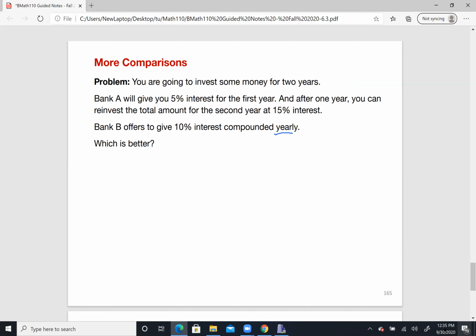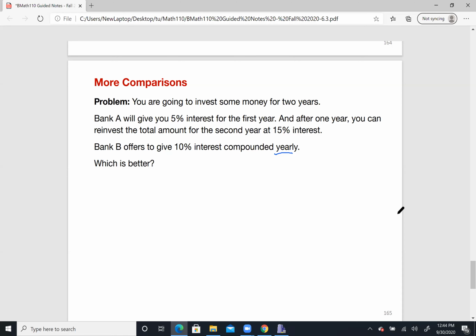All right, so let's focus on Bank A first. I think in this problem we are missing some information from what's given for Bank A. Do you know where it is? Because it talks about 5% interest and 15% interest, but it doesn't tell us what kind of interest. Is it simple interest? Is it compound interest?